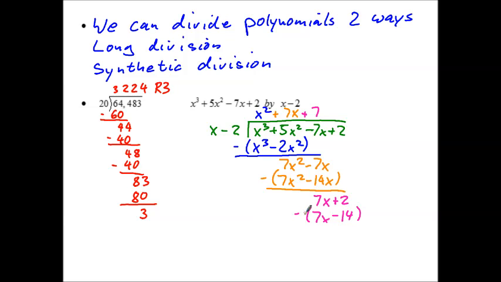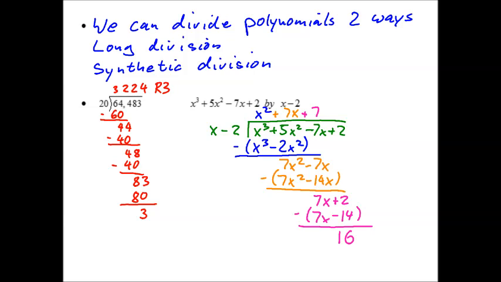Subtract all this. 7x minus 7x cancel each other out. 2 minus negative 14 is positive 16. Now, taking a look at the positive 16, we see that we cannot divide that by x anymore. And that is then going to be our remainder.